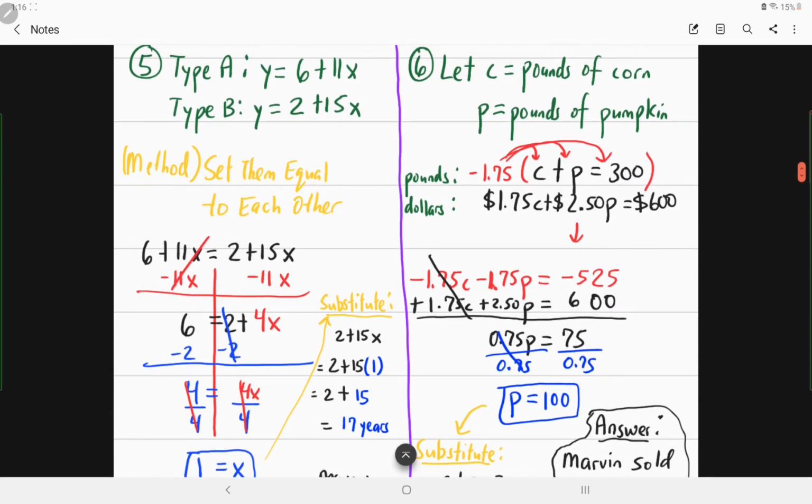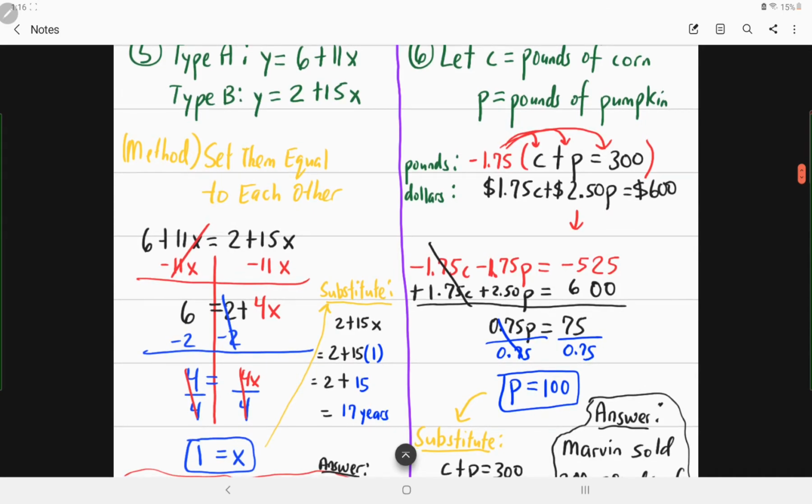And the question also tells us Marvin made $600. So that's why it's equal to $600. Again, notice on the bottom I have dollars, 1.75, dollars again, 2.50, and dollars again, 600. So when you're doing these linear equations, you want to match up the items or the quantities with each other.